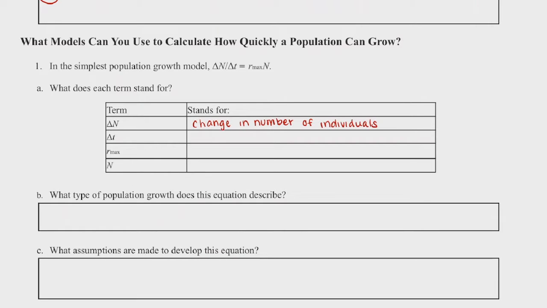And then delta T is the time interval during which the change of the number of individuals occurs. So I'm just going to say change in time of change in individuals.